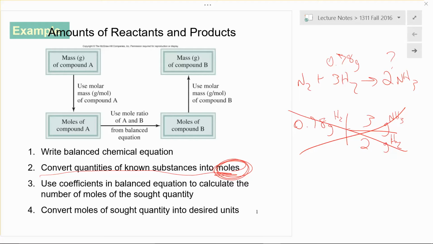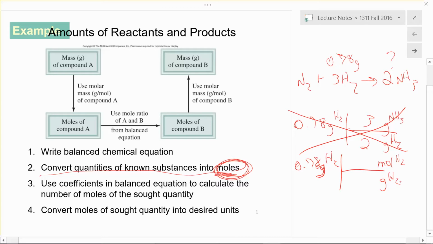Okay? Use coefficients in the balanced equation to calculate the number of moles of the sought quantity. Convert moles of the sought quantity into desired units. So what that means is, if I'm going to answer this question, 0.78 grams of H2, the first thing I have to do is convert this to moles of H2 from the grams of H2.